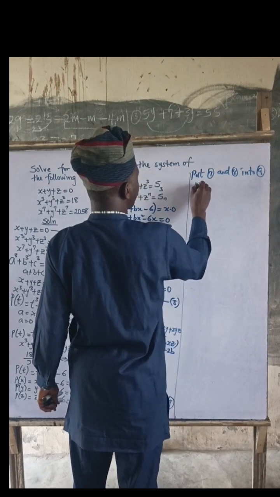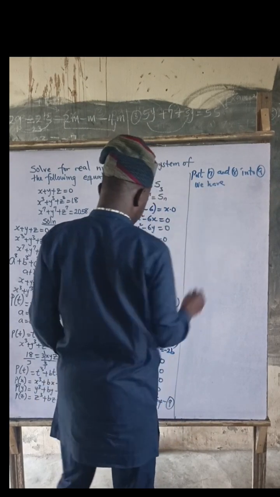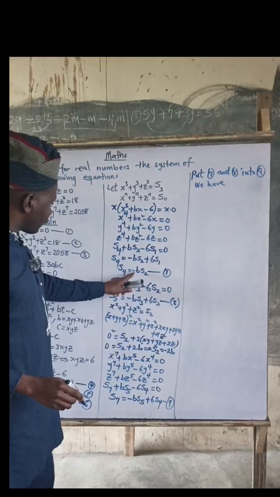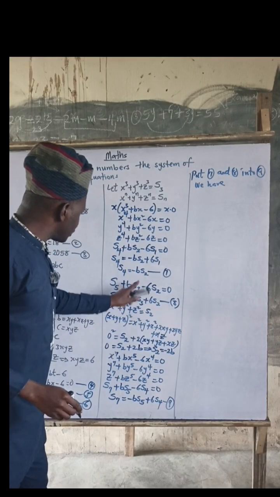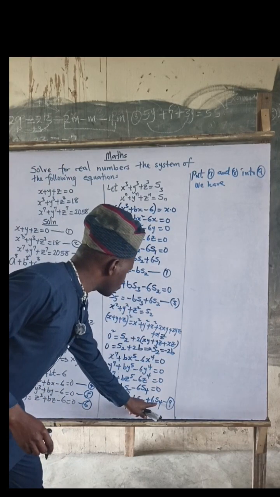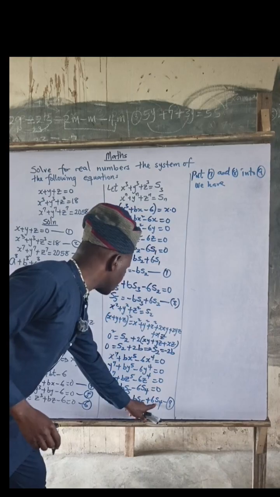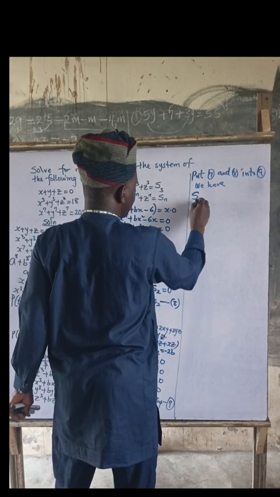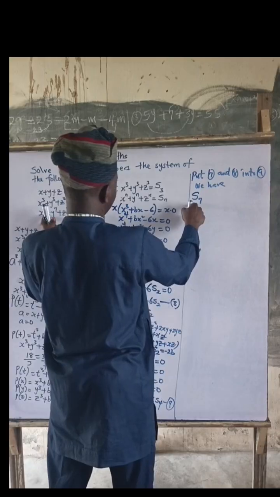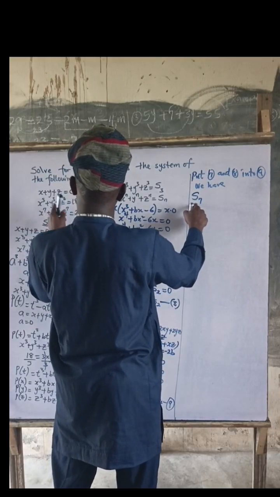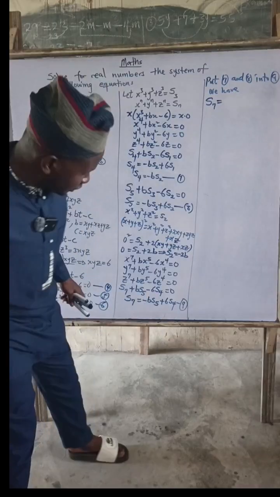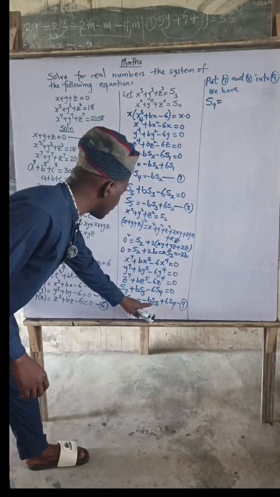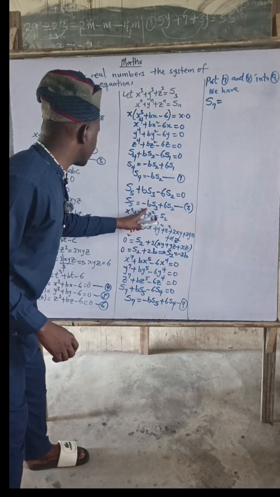We have, whenever you see s to power of 4, you are going to use minus b s to power of 2, that is, we have this one here. So therefore we have s to power of 7, y to power of 7, c to power of 7 equals equation 7. We are having minus b s5, and s5 is in equation 8.